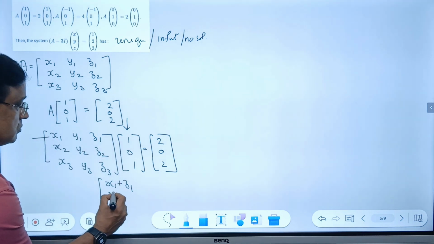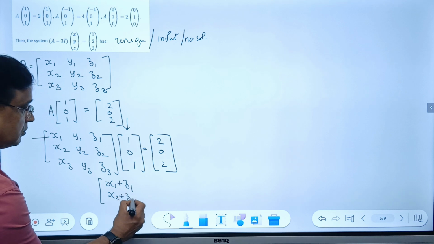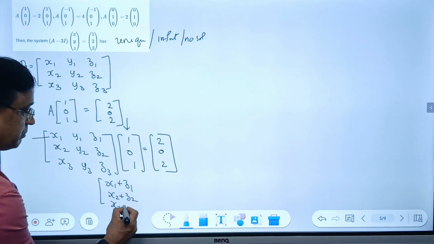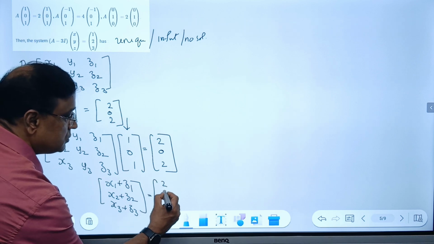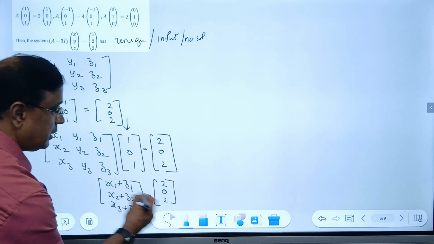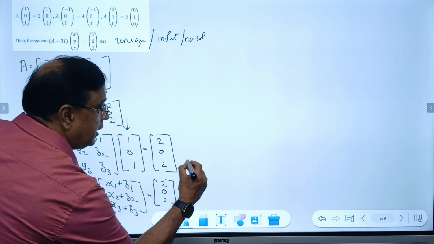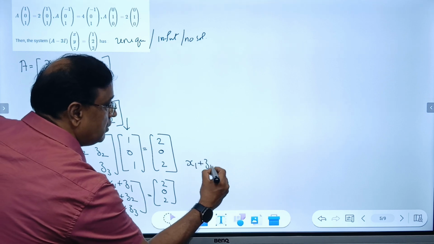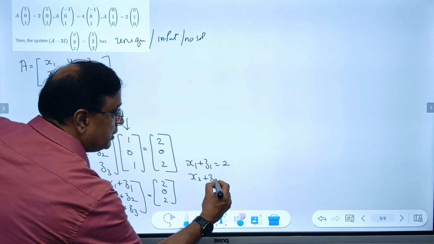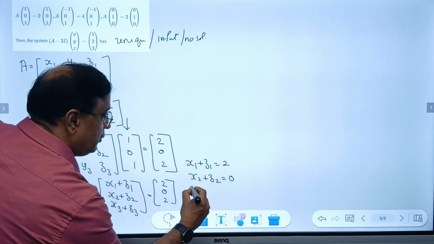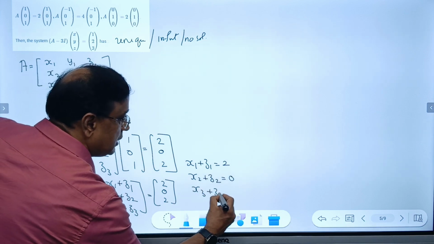Then x2 plus z2, then x3 plus z3 equal to 2, 0, 2. So by equating, you get x1 plus z1 equal to 2, x2 plus z2 equal to 0, and x3 plus z3 equal to 2.